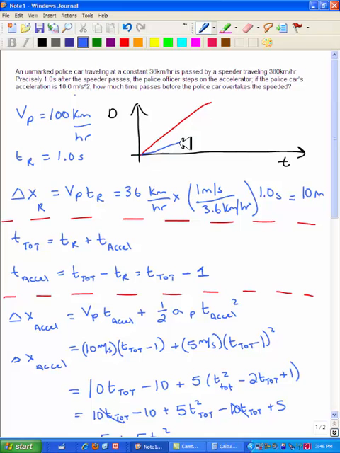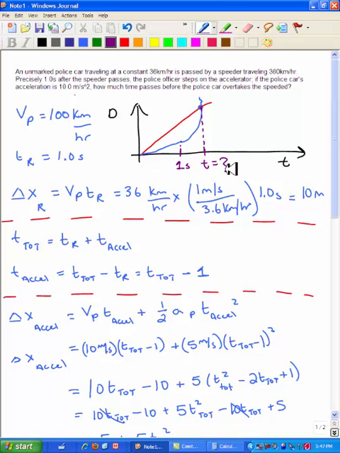It takes that police officer 1 second to react. There's our 1 second. After that 1 second, the police officer begins to accelerate until he catches the speeder at this time here, which we don't know.